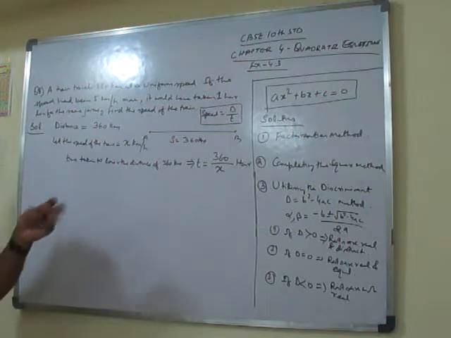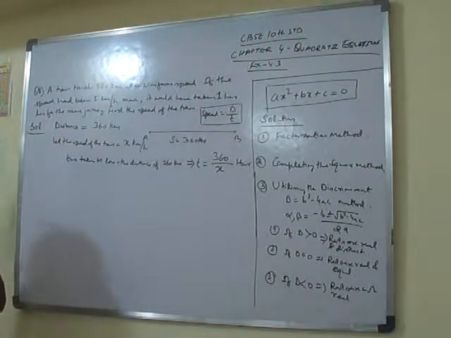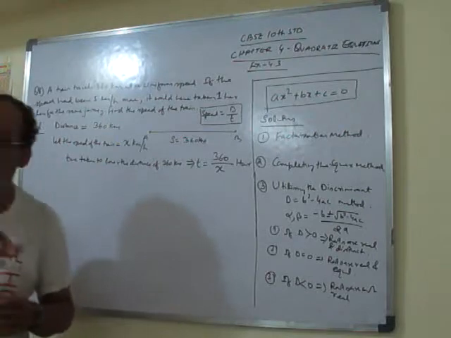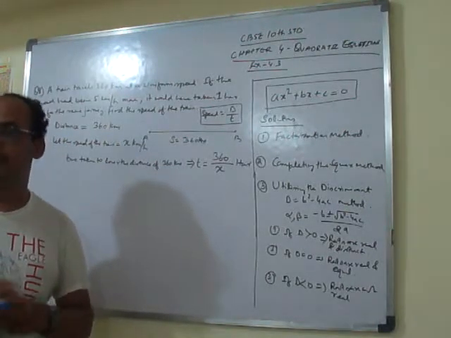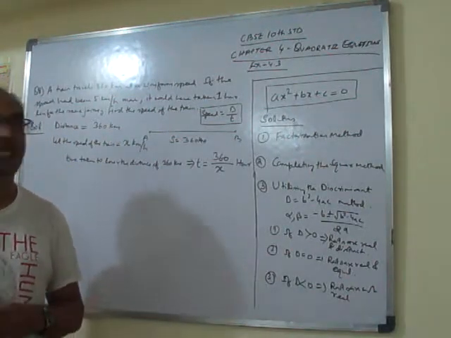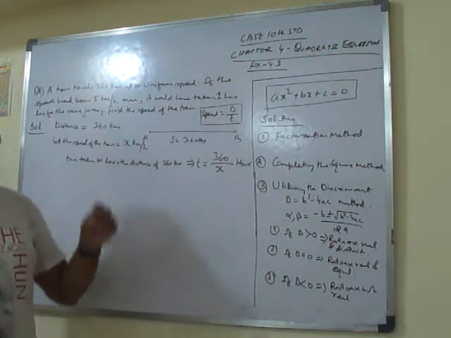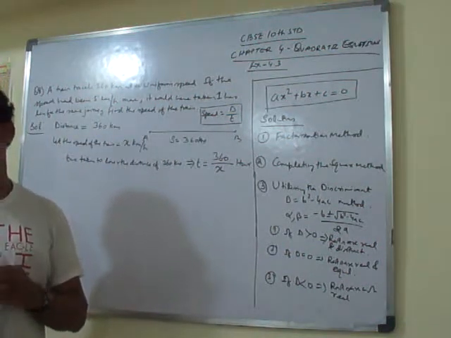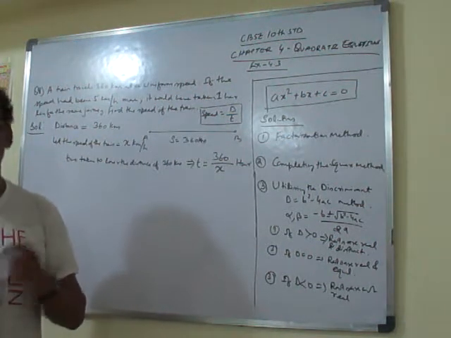For example, earlier it was 20 kilometer per hour and took 10 hours. But if it increased by 5 kilometer per hour, meaning 25 kilometer per hour, then it would take 1 hour less, meaning 9 hours. Like this it is there.